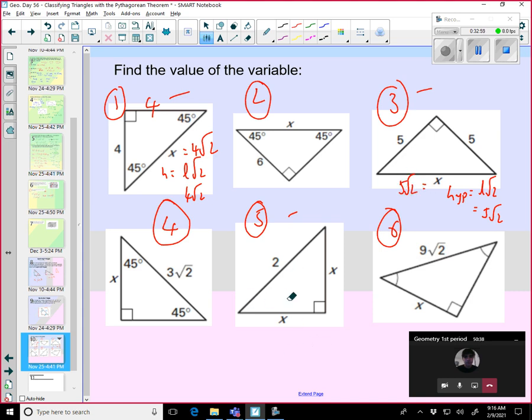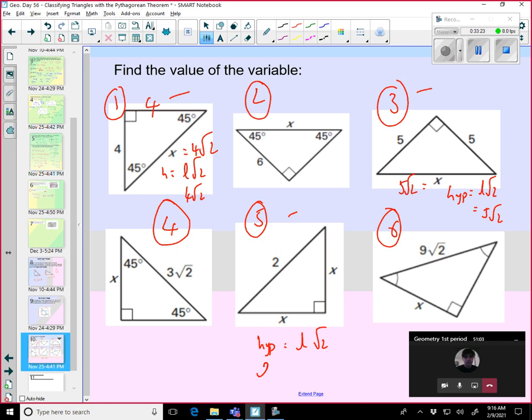Okay, let me do the last one here. I've been given the hypotenuse this time, and they are asking me to find the value of the leg. Instead of using x, let me call the leg L so that I can use the previous formula. I know that the hypotenuse is leg times root 2. Let's substitute whatever they have given.